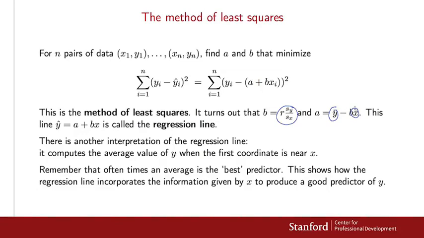It computes the average value of y when the first coordinate is near x. Remember, the idea in statistics is that an average is oftentimes a best predictor. So by computing averages of y values where the first coordinate is near x, we incorporate the information given to us in terms of x. And the idea would be that this is a better predictor of y than simply taking the average of all the y's.